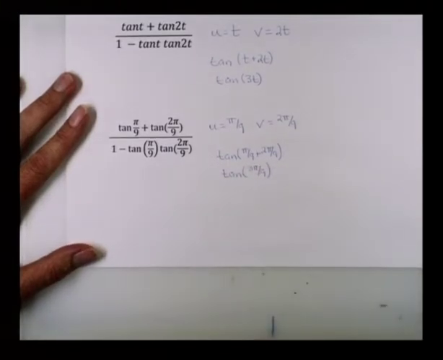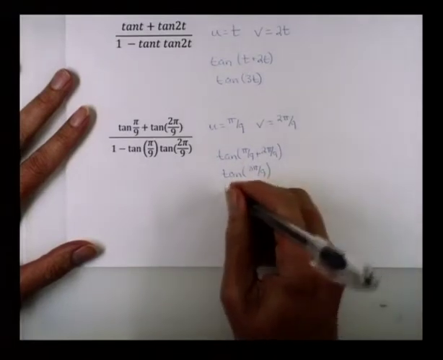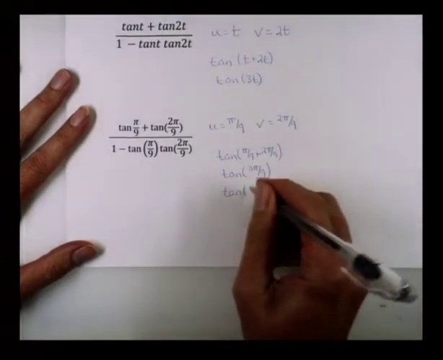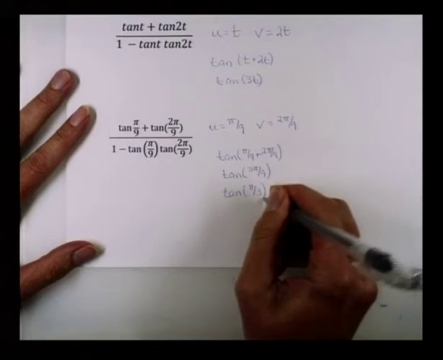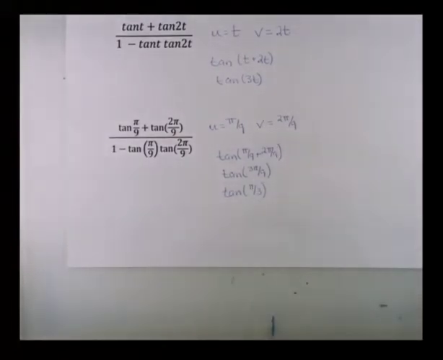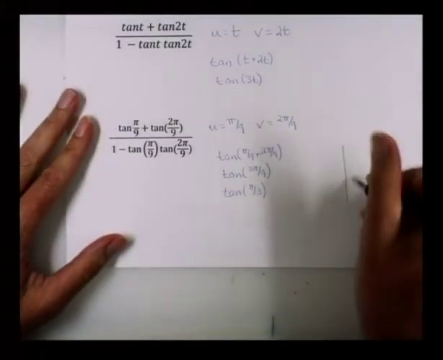Remember, I want to simplify as much as I can in every problem. So when I see 3 pi over 9, I need to reduce that down to pi over 3. And then when I reduce it down to pi over 3, I notice that that's one of the exact trig values that I should be able to evaluate. So I think of my unit circle.